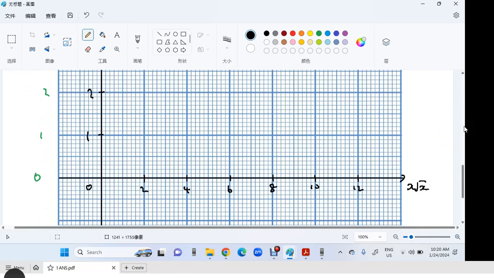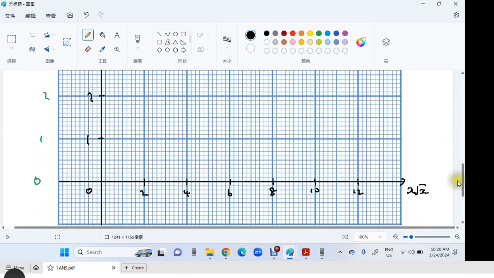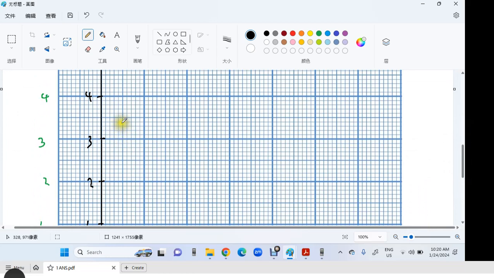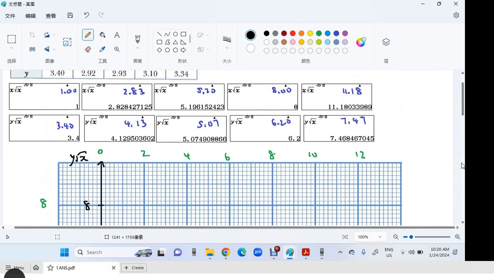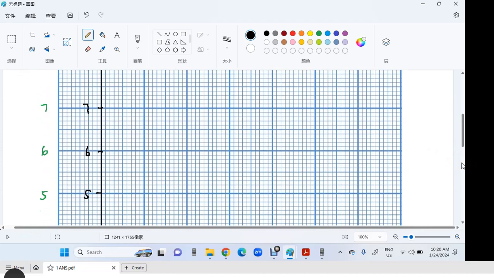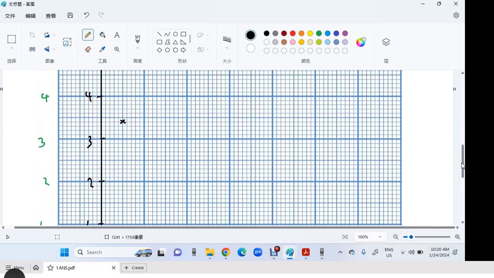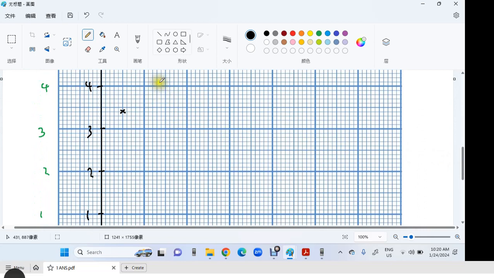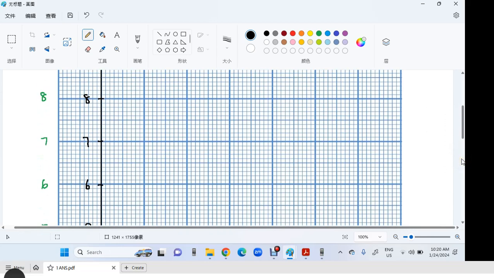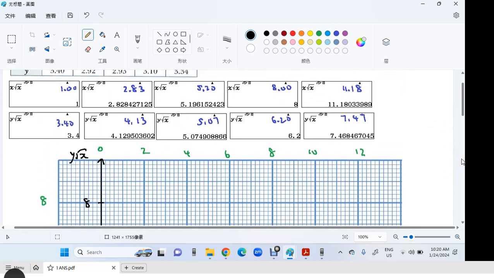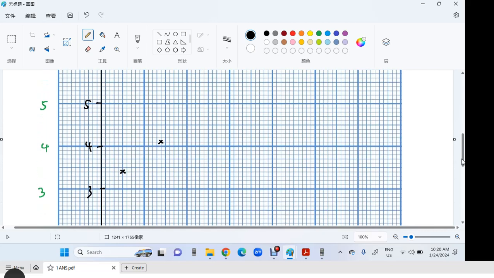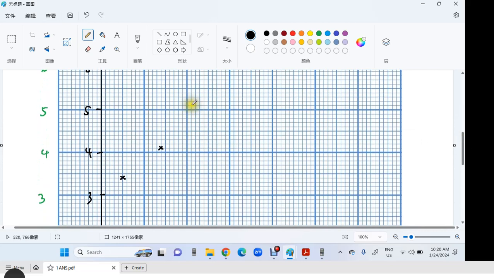So we have the 1, 3.4, and then 2.8, 4.1. And then we have 5.2, 5.1. Then we have 8, 6.2.